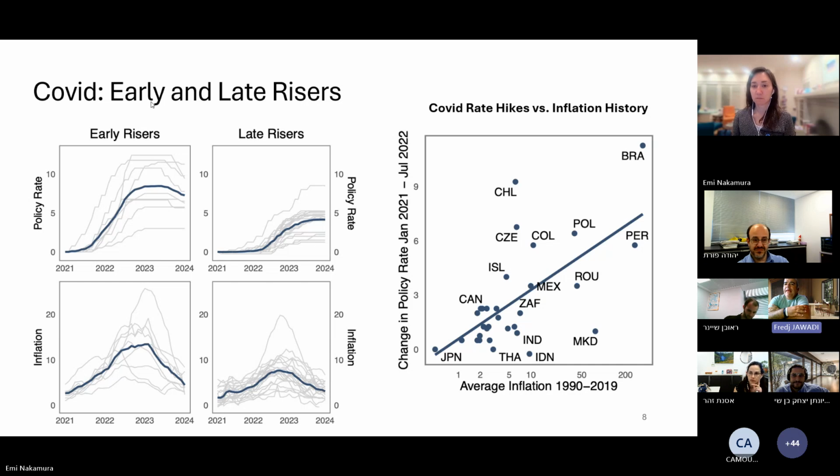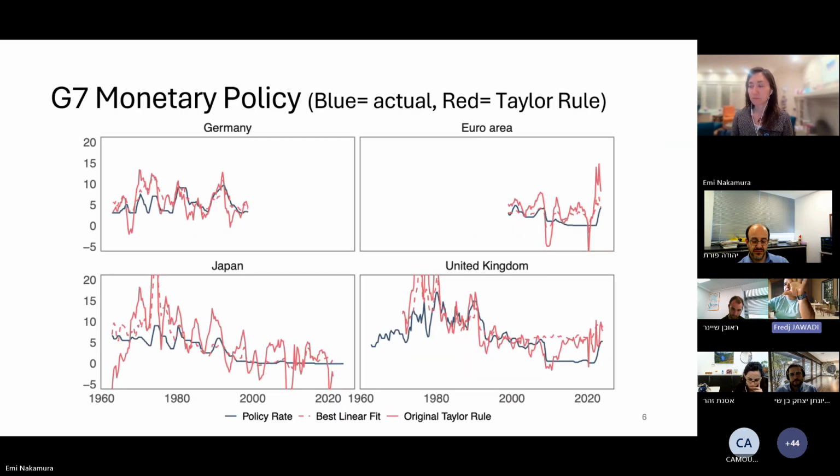Fred. Yeah, thank you. The question is about when the Taylor rule does fail to reproduce the policy of the central bank. We could ask whether it is because the two objectives included in the rule are not measured correctly, for example, the output gap, or is it because we are missing some other objective? For example, when we compare today the mandate of the ECB with the mandate of the Fed, the mandates are a little bit different.